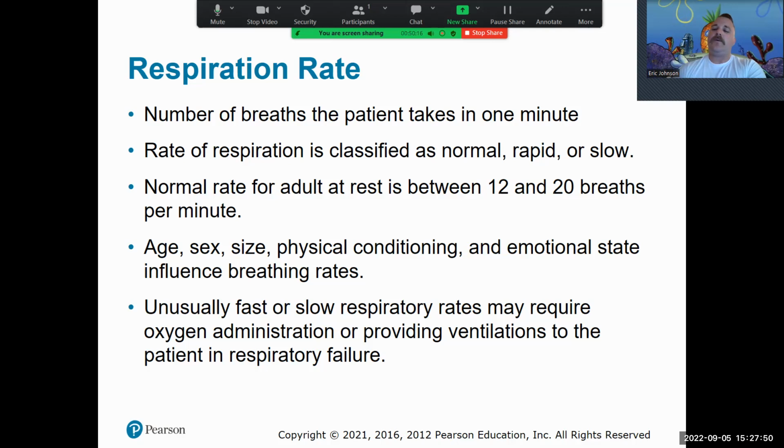Respiratory rate is one of the more difficult vital signs to effectively document because it really does depend on the patient's age, their sex, their size, how physically fit they are, and even their emotional state.